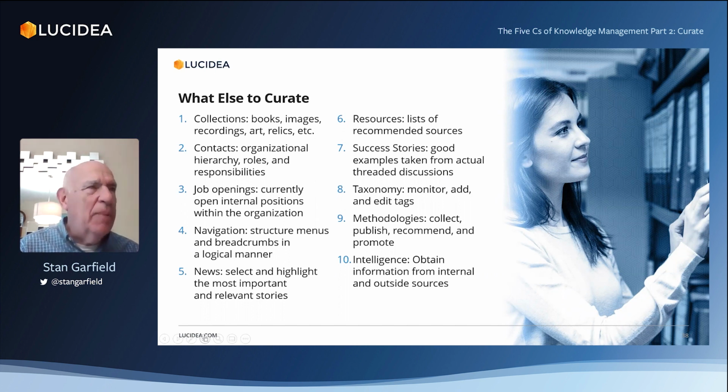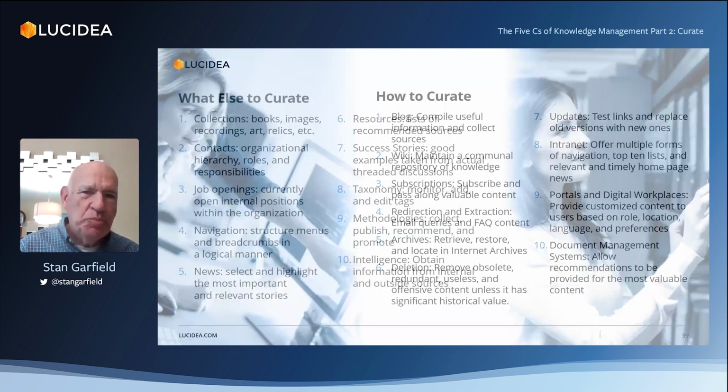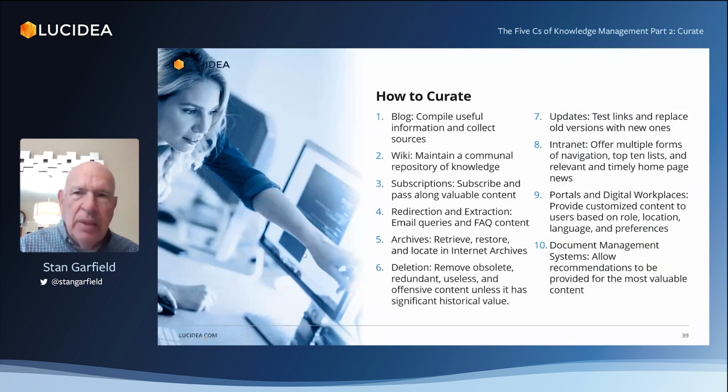And there's plenty of other examples, I think, that you could think of where curation applies. Just any kind of organization or structure or assembling, collating that you do for knowledge to make it better for other people is curation.